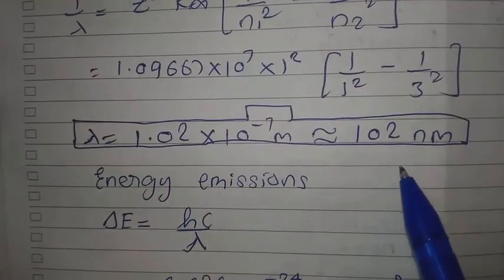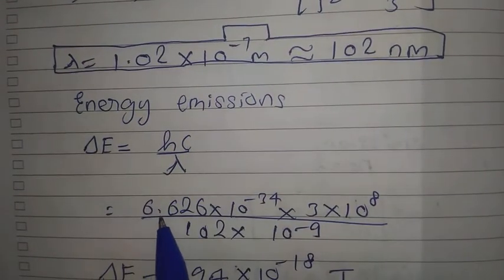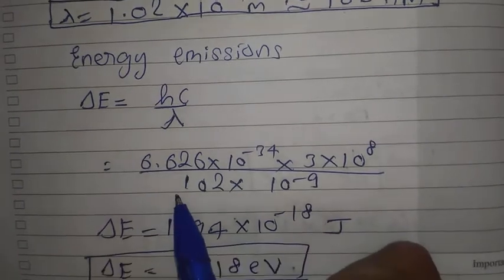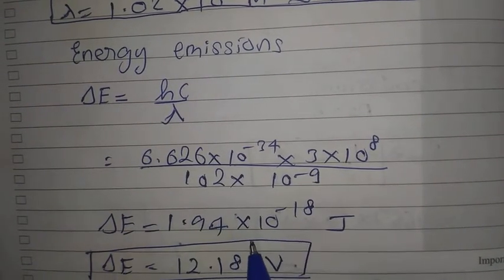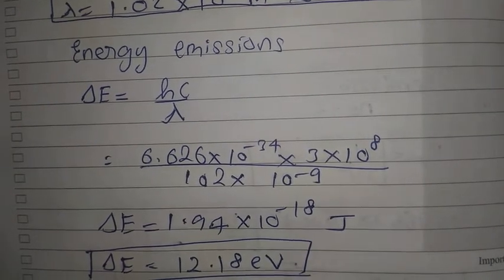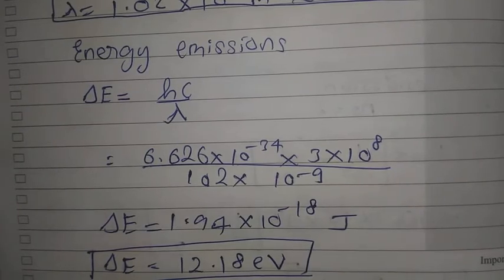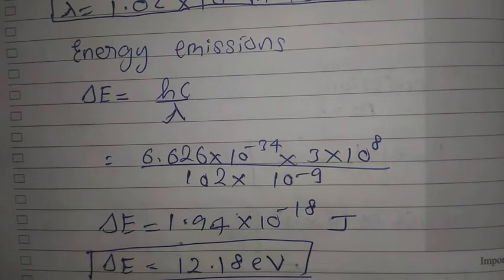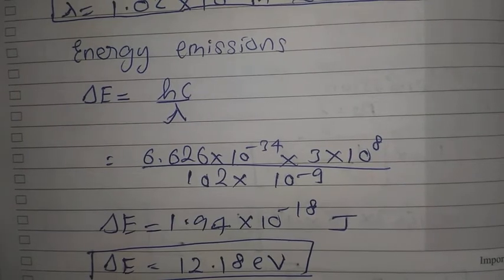And energy emission delta E is equal to hc by lambda. And again, putting all the values, you get the value of delta E as 1.94 into 10 to the power minus 18 joule, or delta E is equal to 12.18 electron volt, by using the relation 1 electron volt is equal to 1.6 into 10 to the power minus 19 joule.